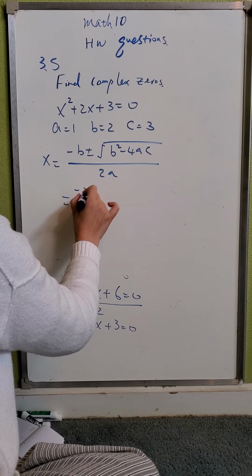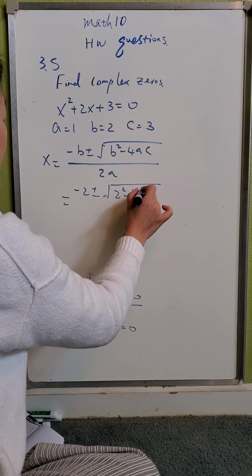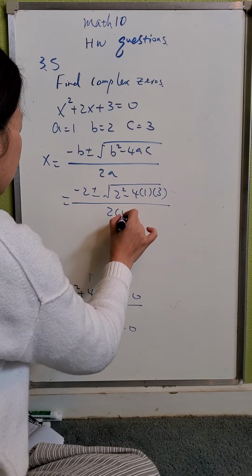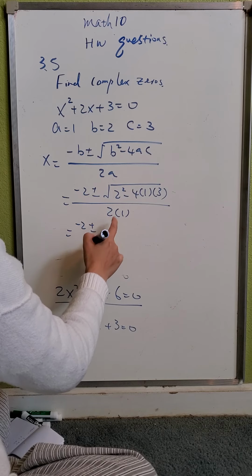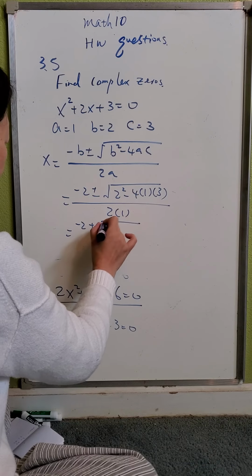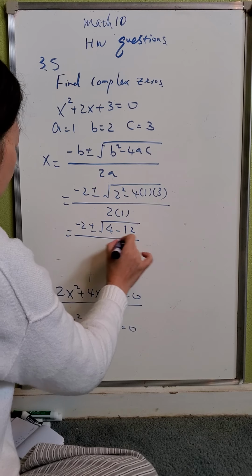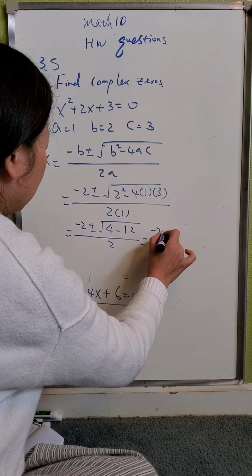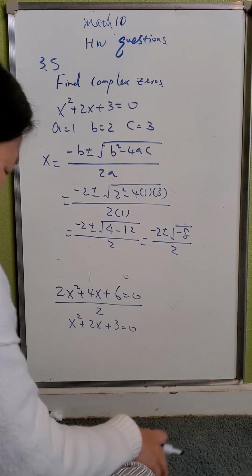That's equal to negative 2 plus or minus the square root of 2 squared minus 4 times 1 times 3, over 2 times 1. So that's negative 2 plus or minus the square root of 4 minus 12, over 2. And that becomes negative 2 plus or minus the square root of negative 8, over 2.